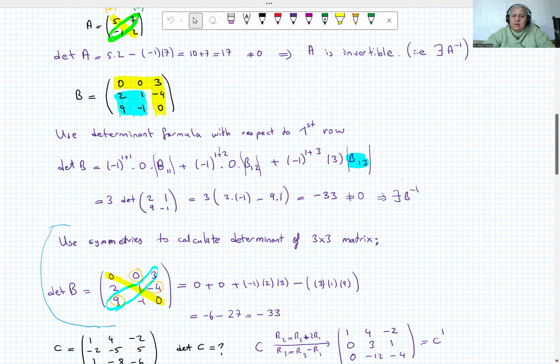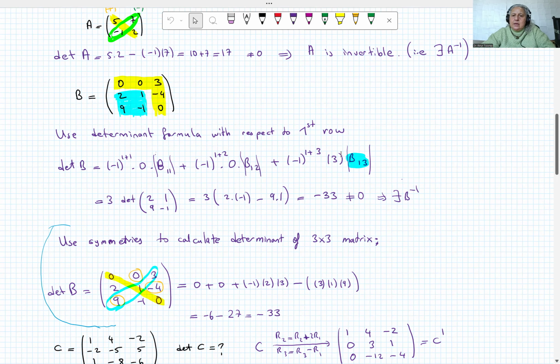And then the element here is 0. Then the minor B12 means that you remove this row and this column, and whatever matrix is left is the minor B12. Now the last one here: because my focus was the first row, I opened up the determinant formula with respect to the first row, and this is why I got the 3 at the end.